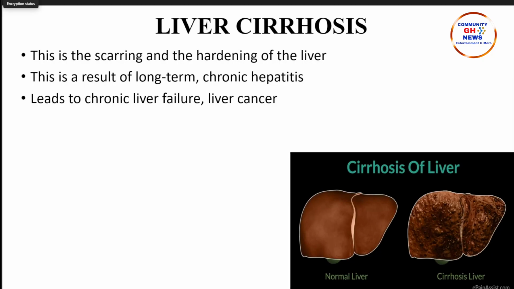And as a result of chronic hepatitis going on for long, for instance, you have hepatitis B and you've not screened yourself for a very long time, or you've come to the hospital, you've been screened, but maybe the viral load was high, they placed you on medications, and you were lost to follow up, not coming to the hospital.